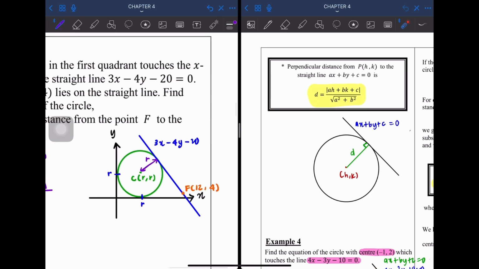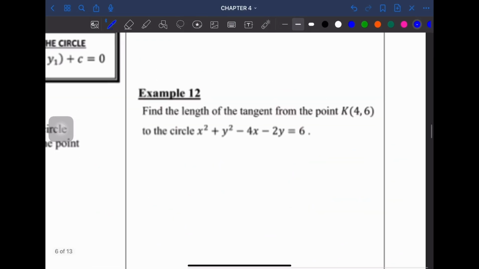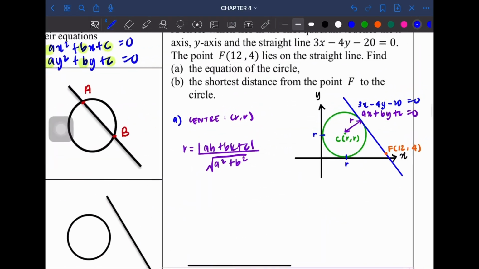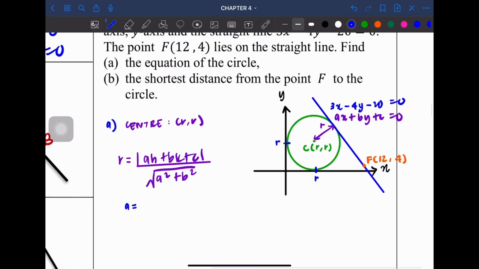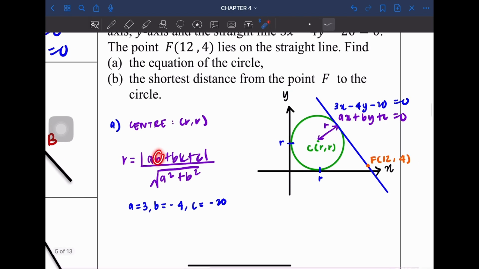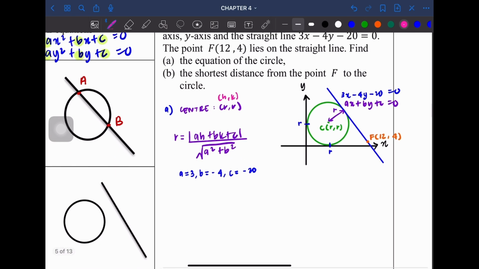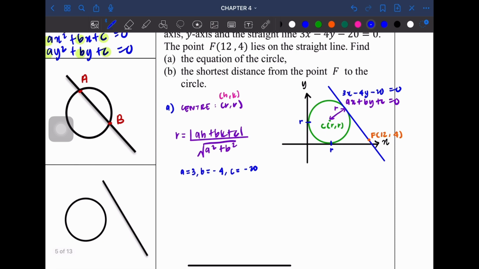So where do we find A, B and C? From the equation of the line, Ax plus By plus C equal to 0. Our A in this question is 3, our B is negative 4, and our C is negative 20. So how about our h and k? This is our h and k. Now we can substitute into the formula of r.